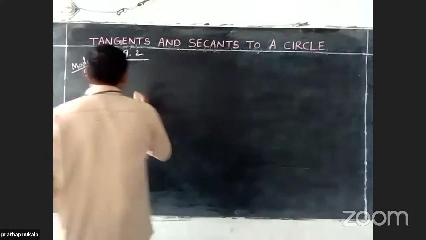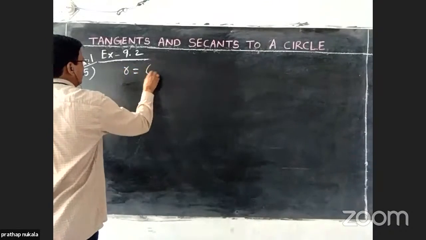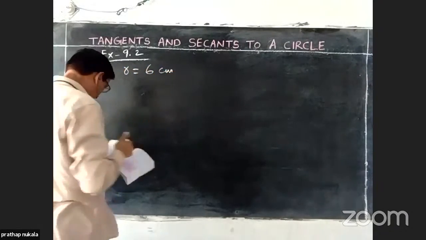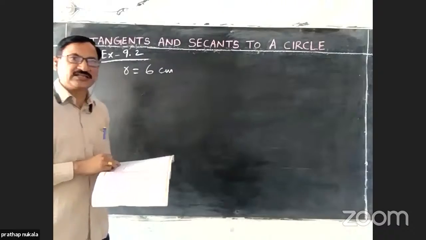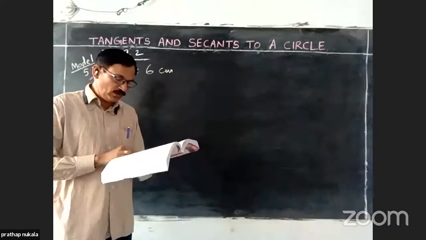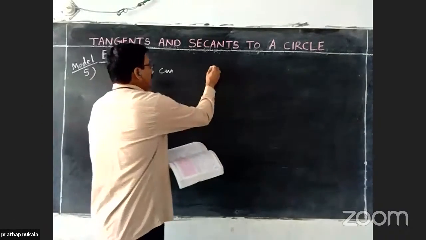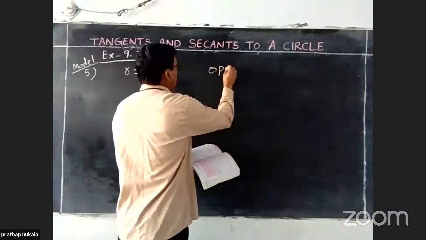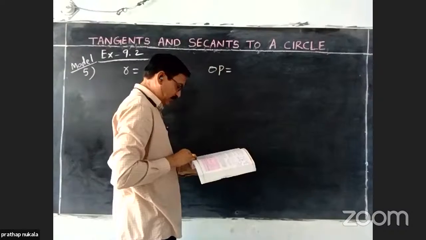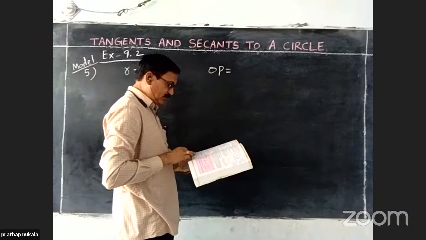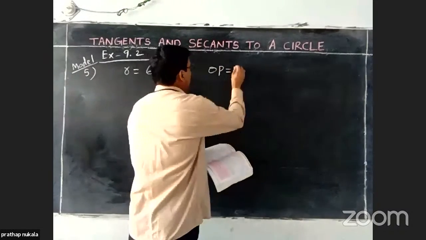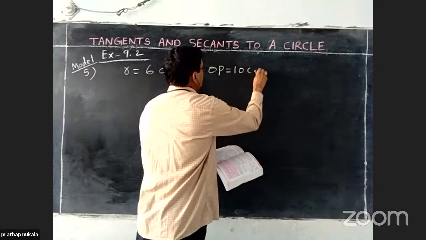Given that radius equal to 6 centimeters, and the distance between the center O and the external point P, that means OP, is given as 10 centimeters.